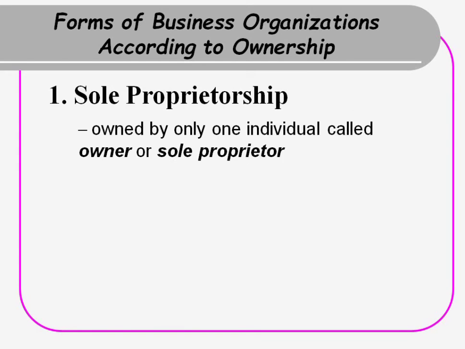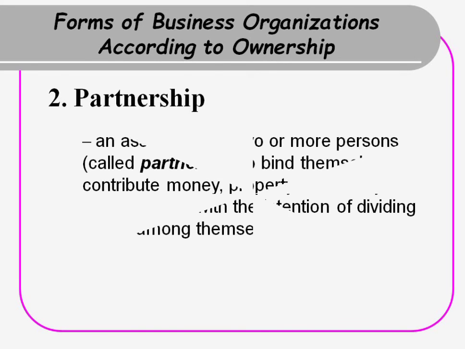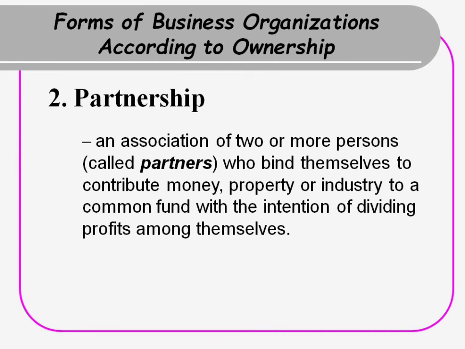A sole proprietorship or single proprietorship is owned by only one individual, called simply as owner or sole proprietor. A partnership is an association of two or more persons known as partners who bind themselves to contribute money, property, or industry to a common fund with the intention of dividing profits among themselves.